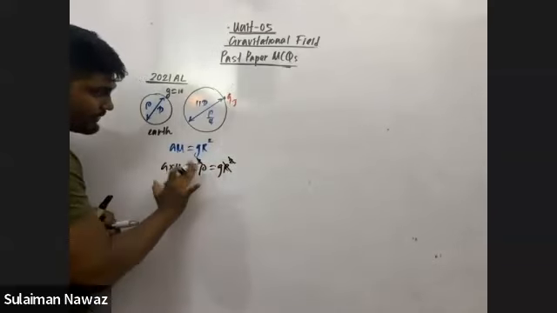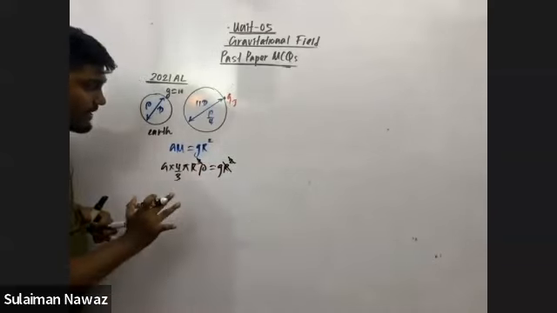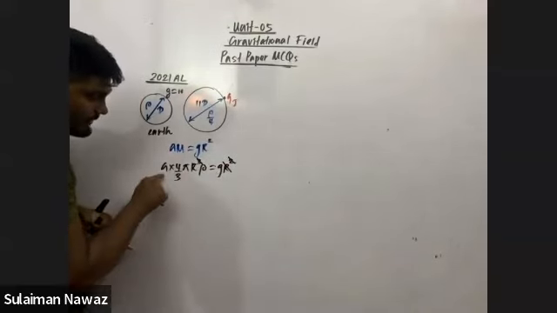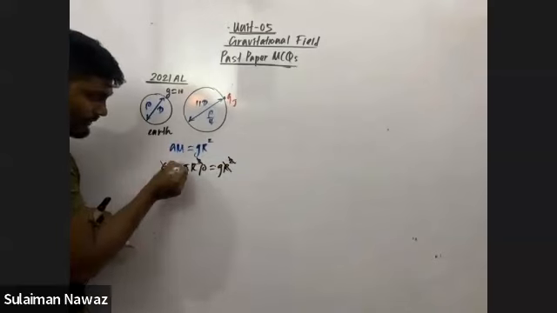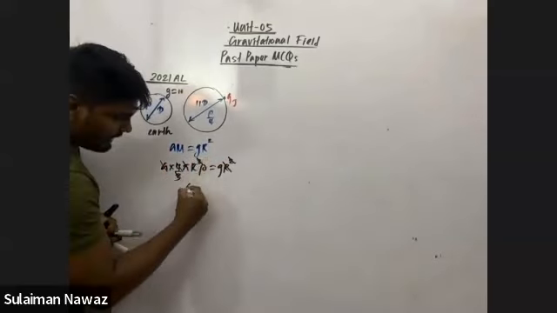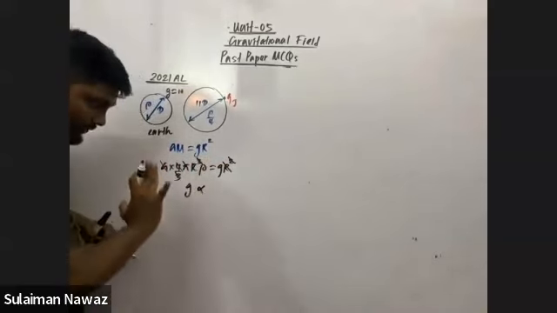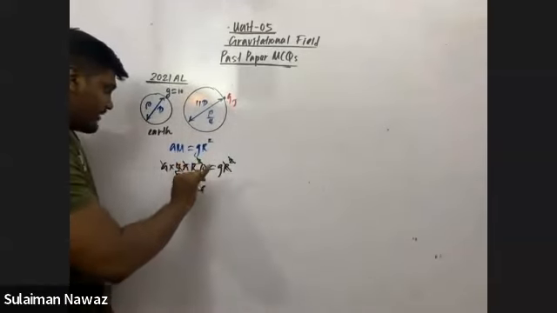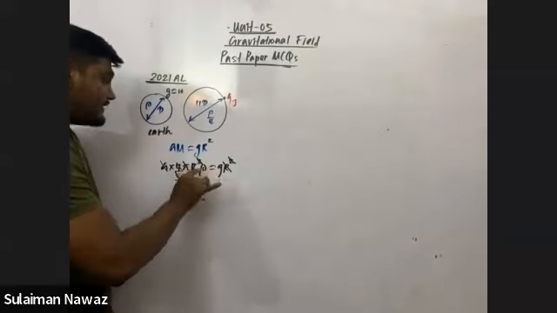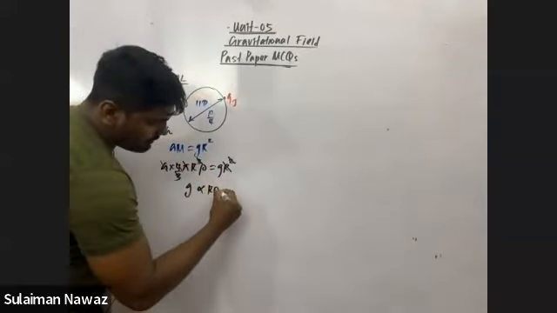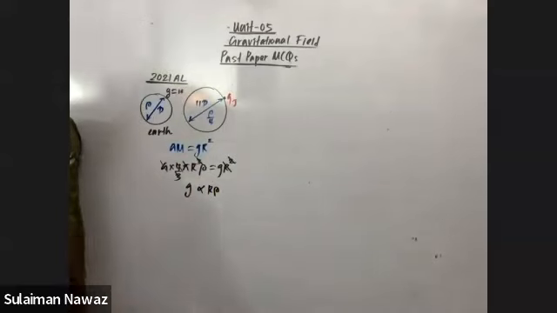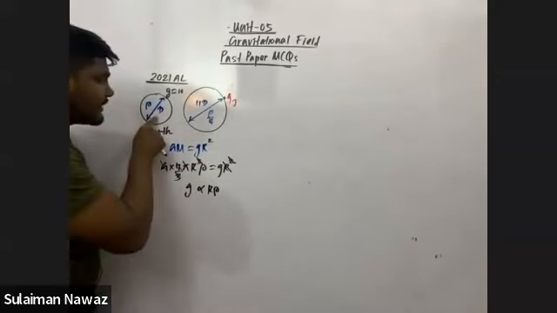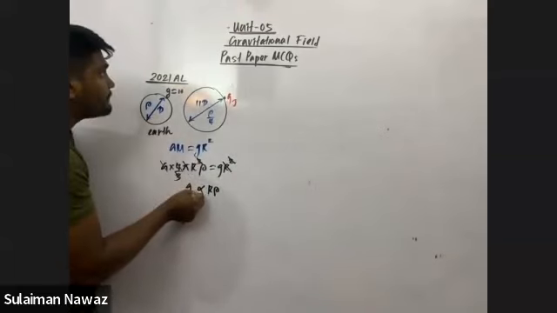R cubed over R squared leaves only one R. G and 4/3 pi are constants, so gravitational acceleration is only proportional to the radius of the planet into the density of the planet, R rho.